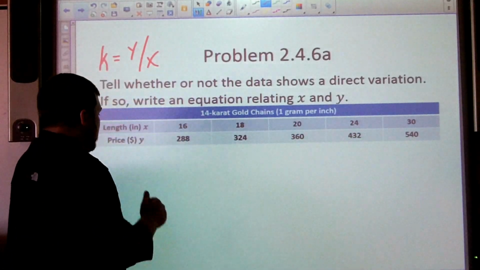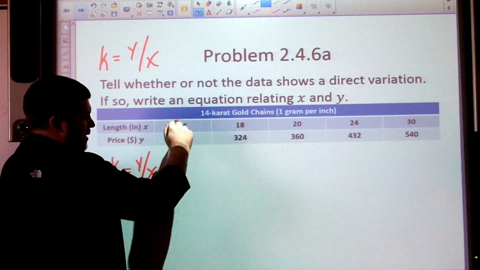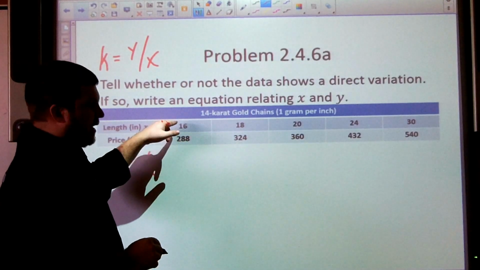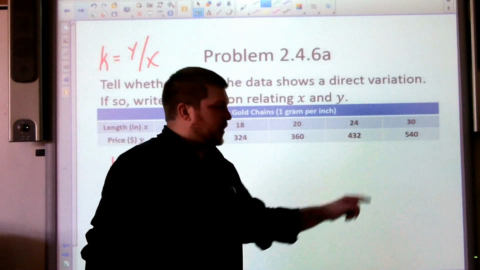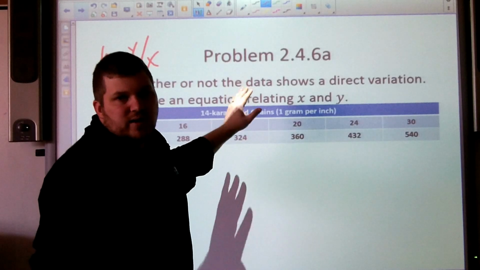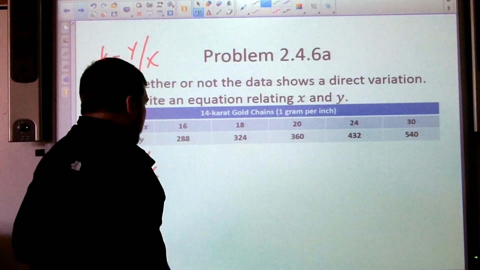So in other words, k is equal to y over x, and I have several options to choose from. If this is a direct variation problem, then that ratio will be the same all the way across.